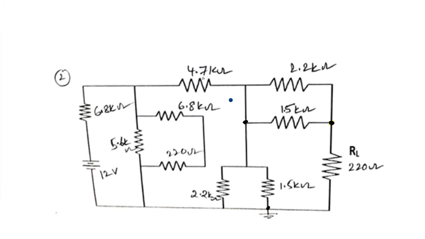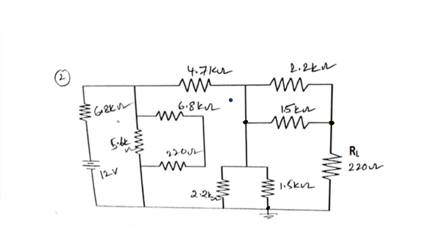You just need to find the resultant one, then you can get VTH and RTH. That is what you have to do. Is the point clear?